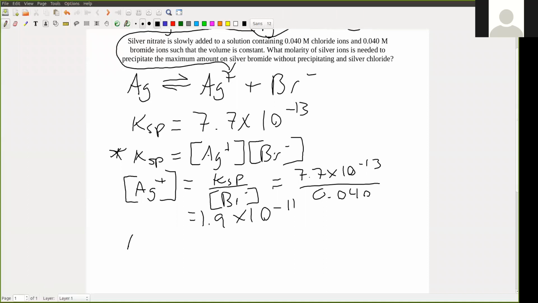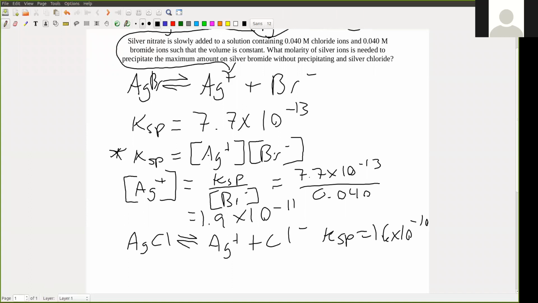So instead we have AgCl in equilibrium with Ag+ and Cl-, with a Ksp of 1.6 times 10 to the minus 10.